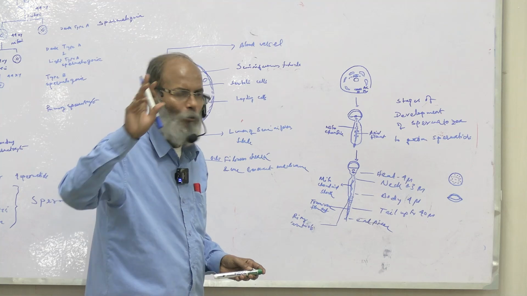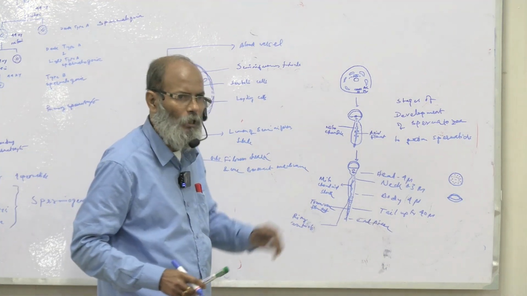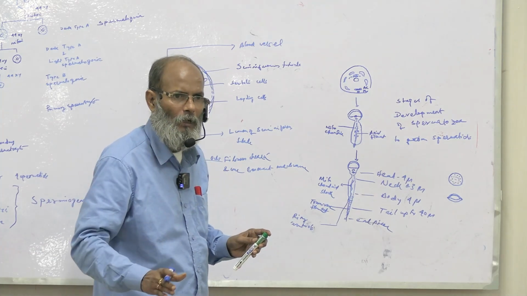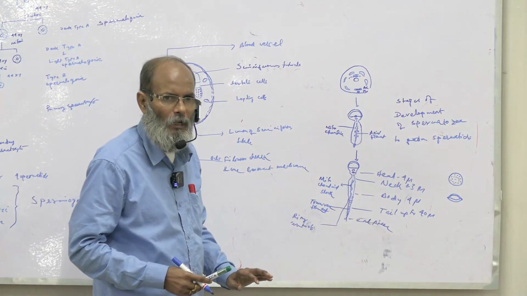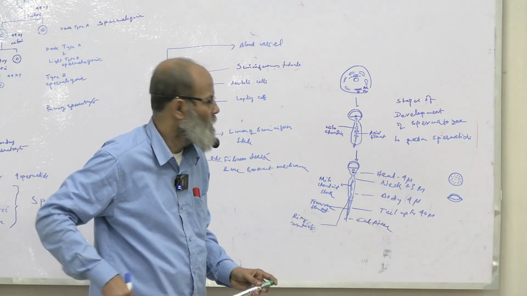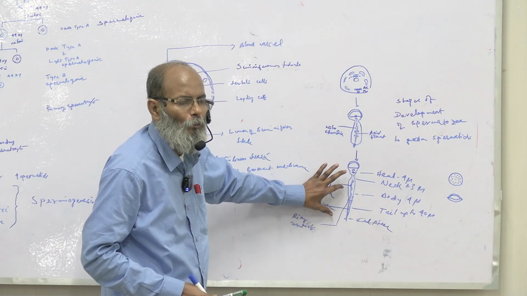So we have two centrioles, the anterior centriole and the posterior centriole. The anterior centriole gives rise to the axial filament, and the posterior centriole moves towards the tail end and gives rise to the transverse filament. This is the tail portion of the spermatozoa.